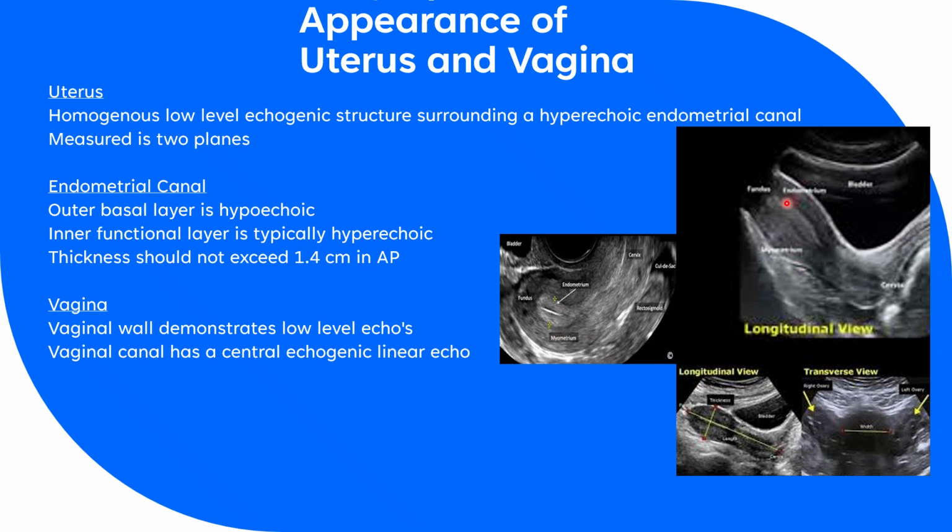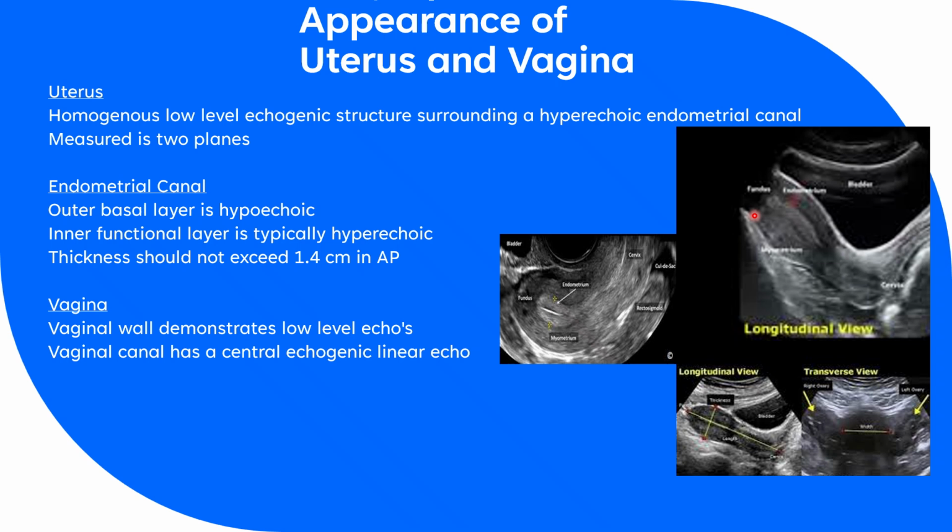Now, once we hit menarche, once we have that first period, it's going to change every month. So we may have someone who has a centimeter long endometrium, or we might have someone who's at the beginning of their period or at the end of their period, and they're going to have a thinner endometrium.